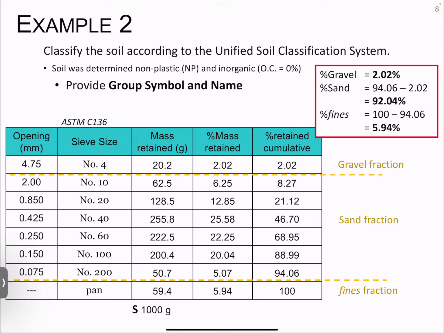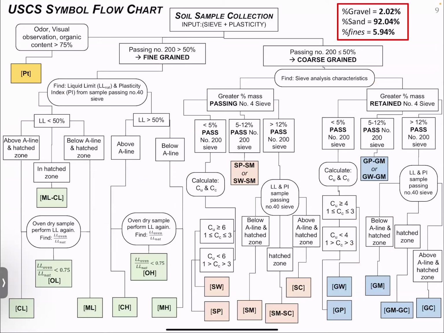So right off the bat, without looking at the flow chart, what do you think that first symbol is going to be? S. Yeah, because the majority of our material is sand, greater than 50%, 92. So right off the bat, we know it's going to be an S. Even though we know that, let's follow our flow chart here. We said no organics in the problem statement, so we have no organics there.